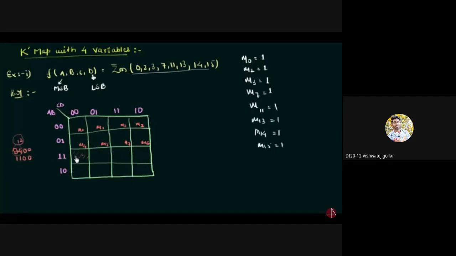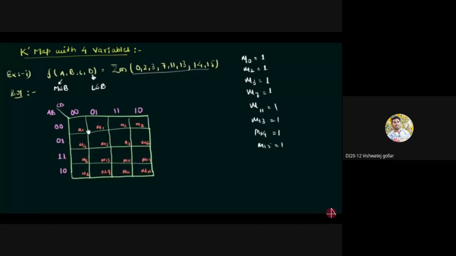So this is for 12, not for 8. For 8, this cell is there, 1, 0, 0, 0. This is 8, this is M9, M10, M11, M12, M13, M14 and M15.